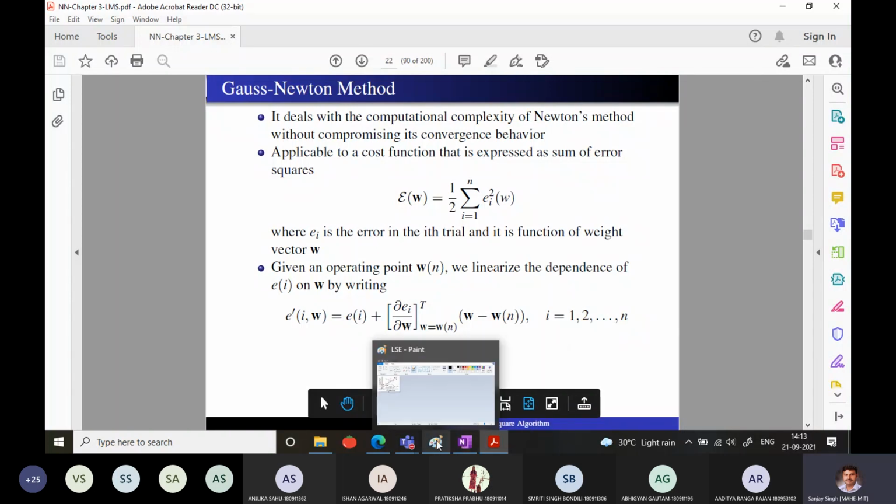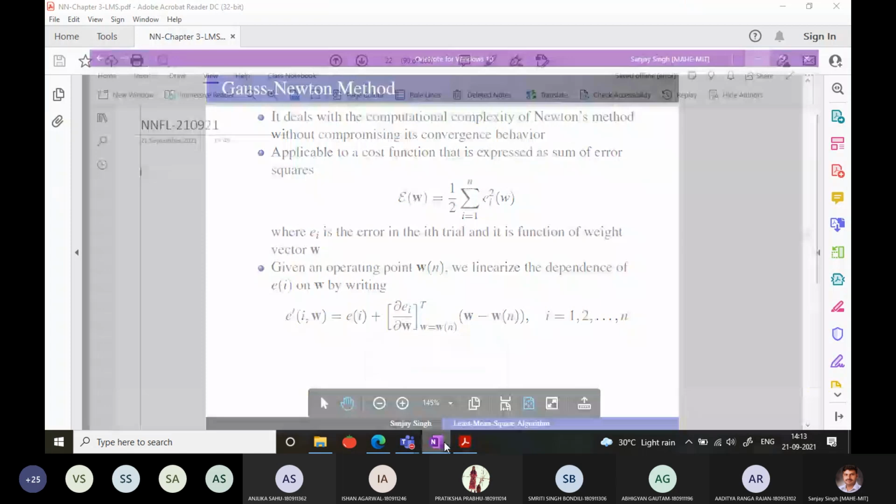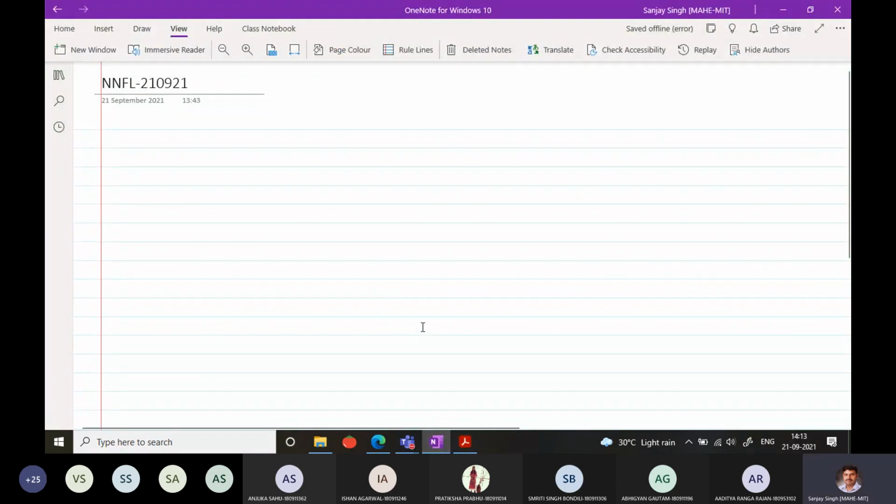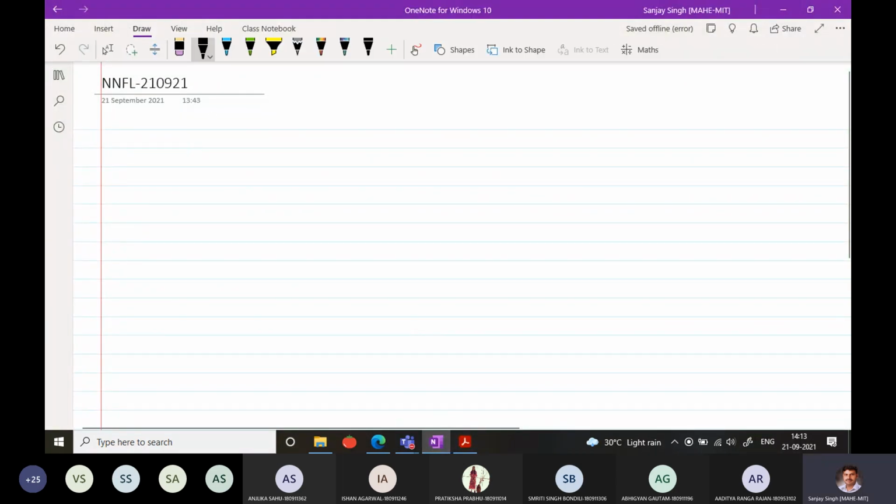Just to remind you, if you remember from 11th class or PUC1, you might have done this: y minus y1 equals m times (x minus x1), or sometimes, depending on what is available, y minus y1 equals (y2 minus y1)/(x2 minus x1) times (x minus x1). So remember this particular point slope form.